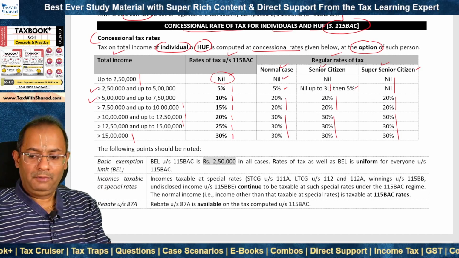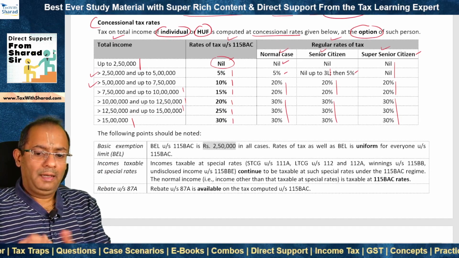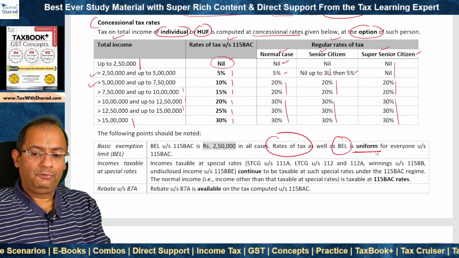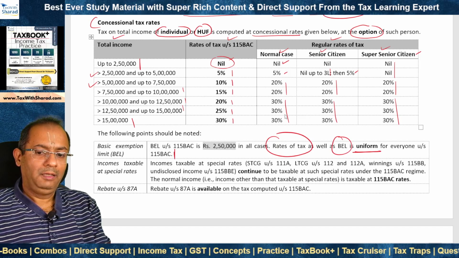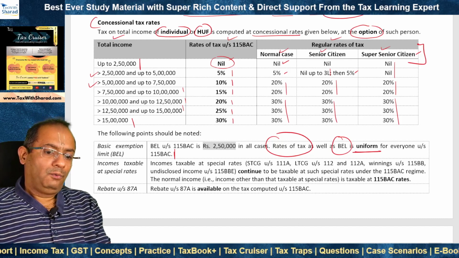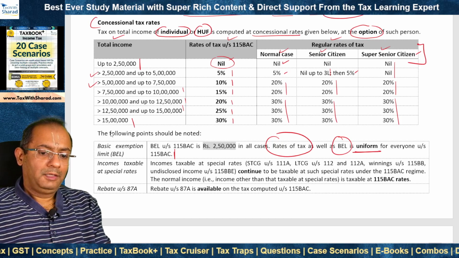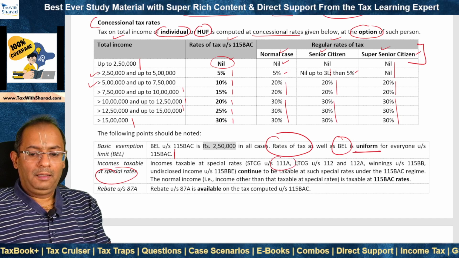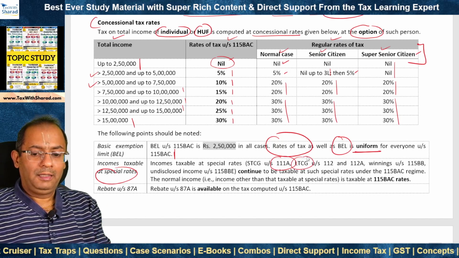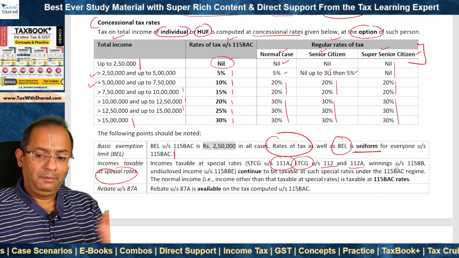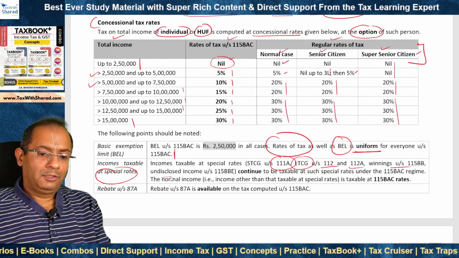Now certain points that we need to note. As we noted above, rates of tax as well as basic exemption limit is uniform for everyone under 115BAC in all these three categories. What about incomes taxable at special rates? For example, short-term capital gain under 111A at 15%, or LTCG under 112 at 20% and 112A at 10%, winnings, undisclosed incomes.